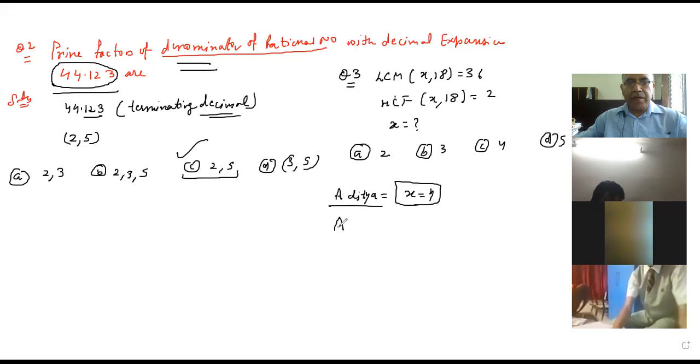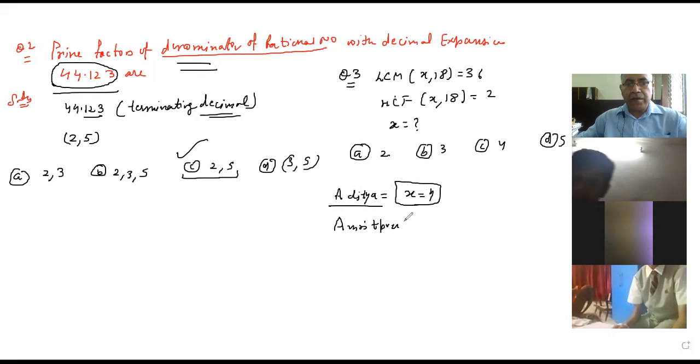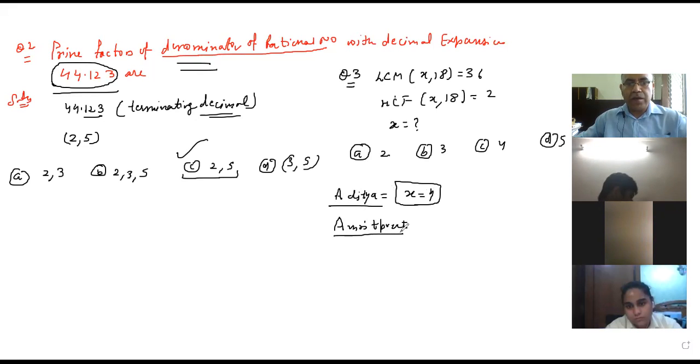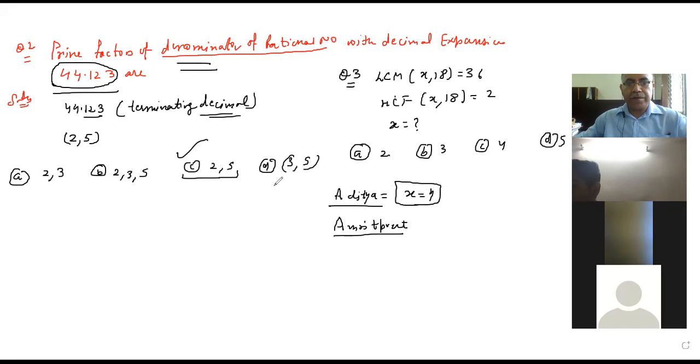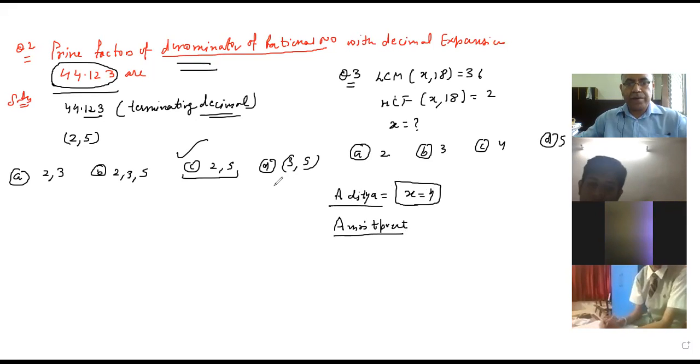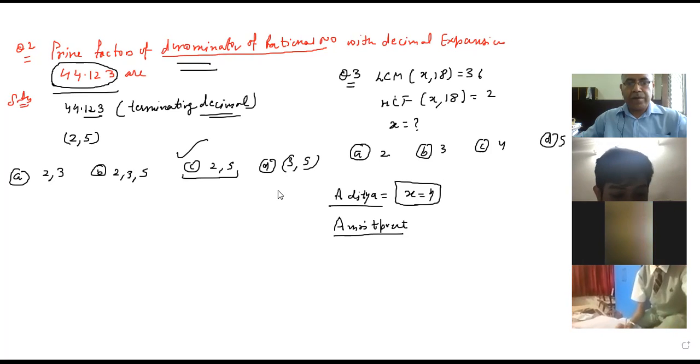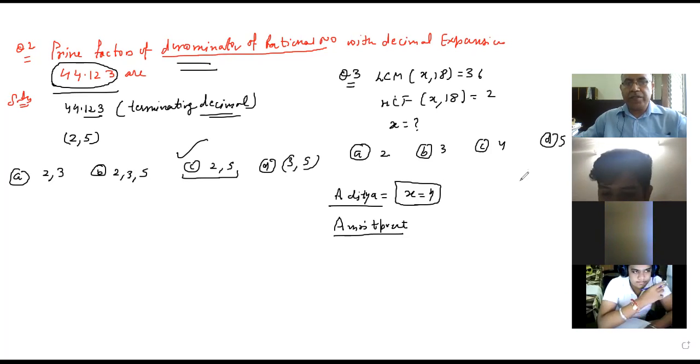Amritpreet, are you getting me? Otherwise, I'm going to remove you if you are not getting me. I feel Amritpreet is not getting me. Great. Next is the turn of Chinmay. Haji beta, you are saying 4.